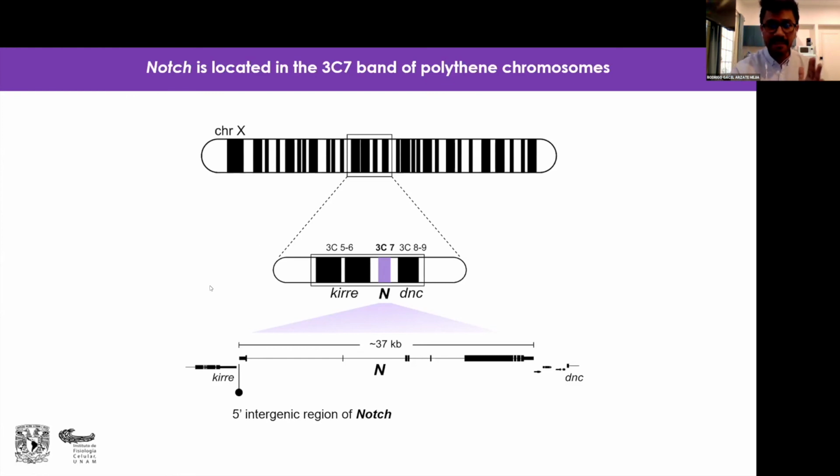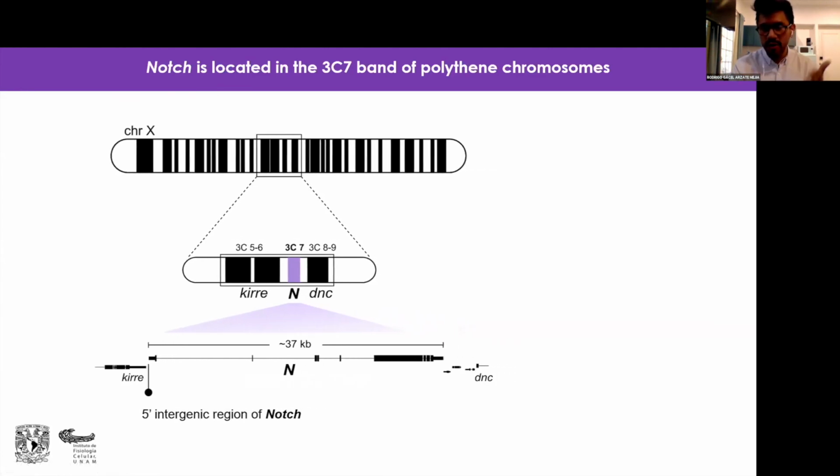We know that the 5' intergenic region of Notch is actually an interband that is visible on polytene chromosomes, and that Notch is also flanked by two genes, called kirre and dnc, which are also organized themselves in polytene bands.